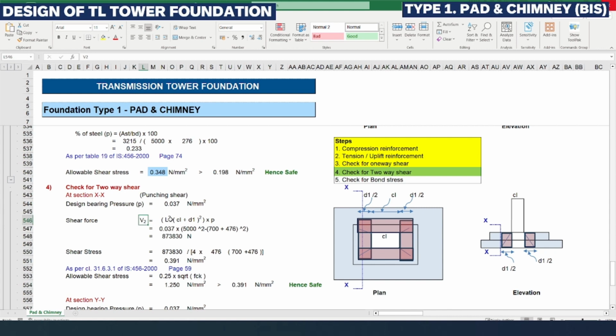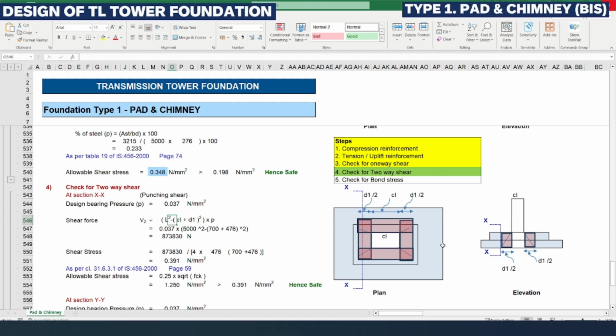Here L square is the total length, minus the term (CL plus D1) squared. D1 divided by 2 into 2 will be D1, so we add that D1 to the size of the column so that we get this length alone.